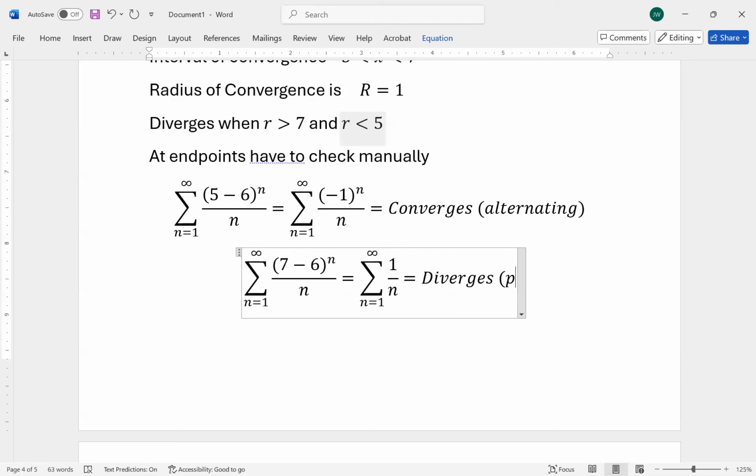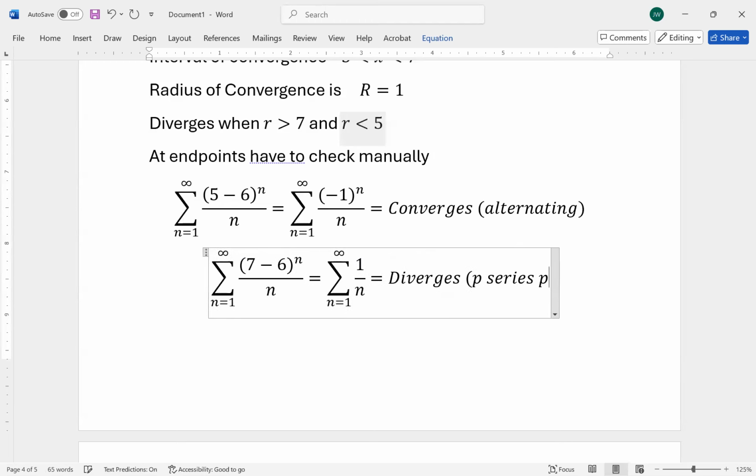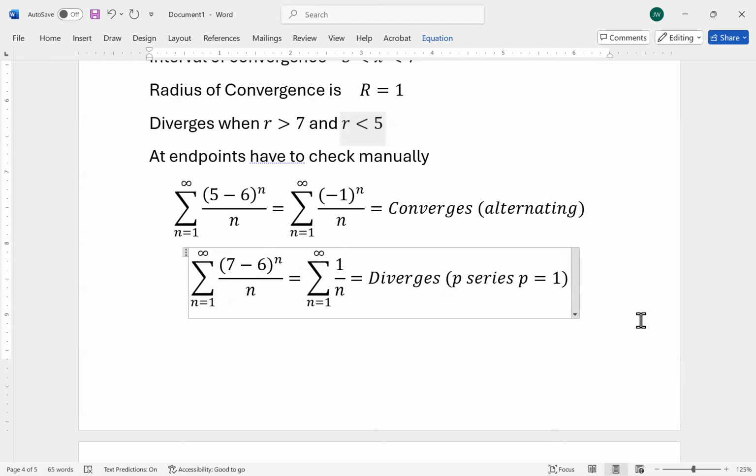And you can see that because it's a p series with p of 1. So in this case, the endpoint of 5, when I plug that in, works, but the endpoint of 7 does not work.